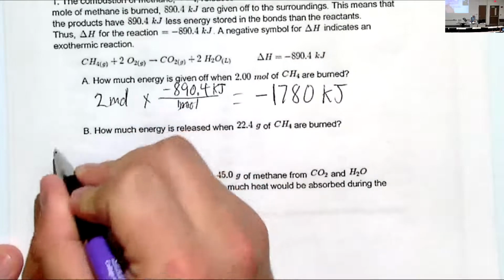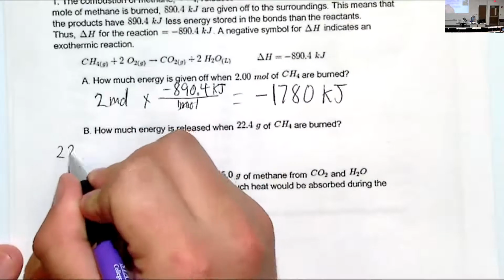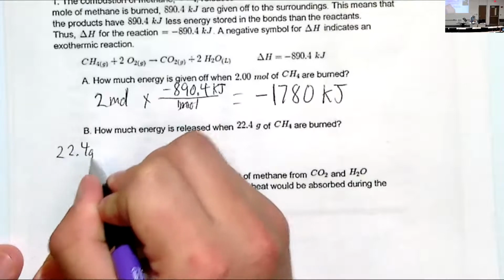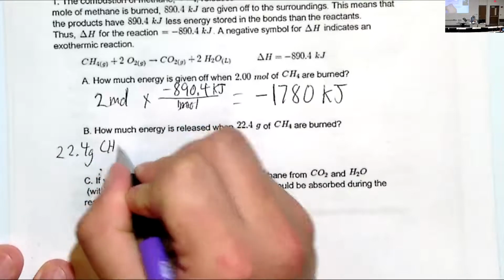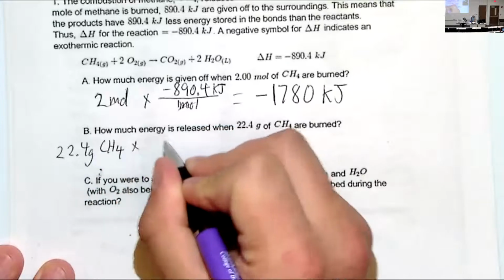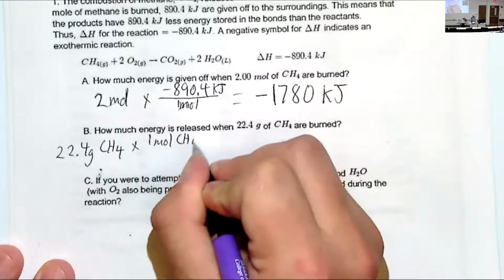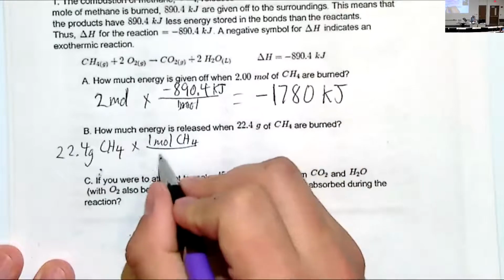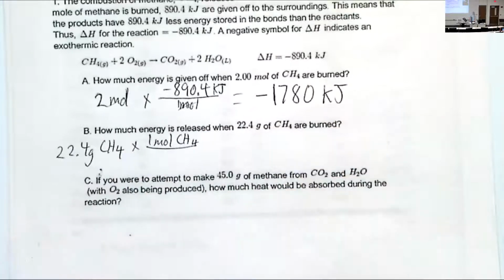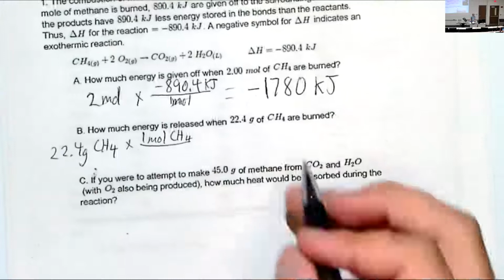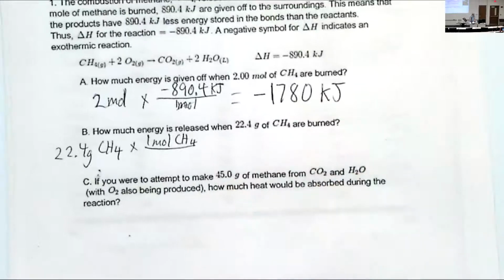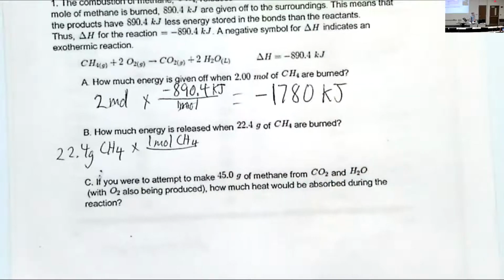So we'll do our simple converting at the beginning real quick. We want to go to moles, so we'll put our moles up top. Basic chemistry stuff. Then you have to find your molar mass of CH4, where carbon is 12.011.